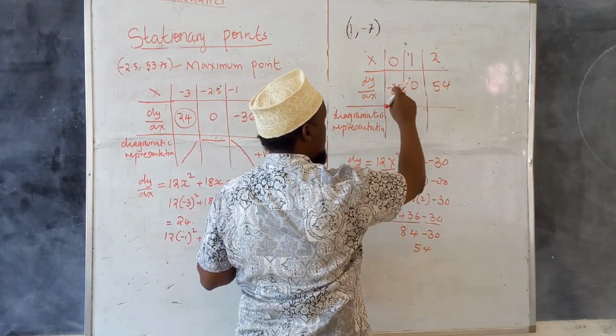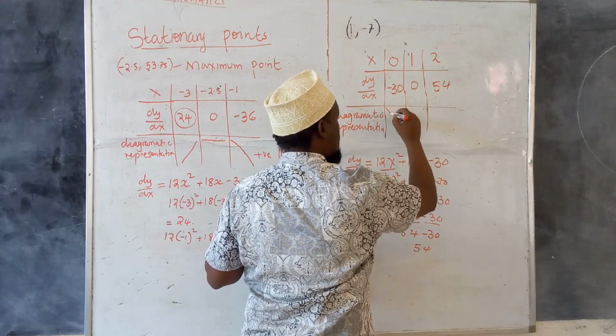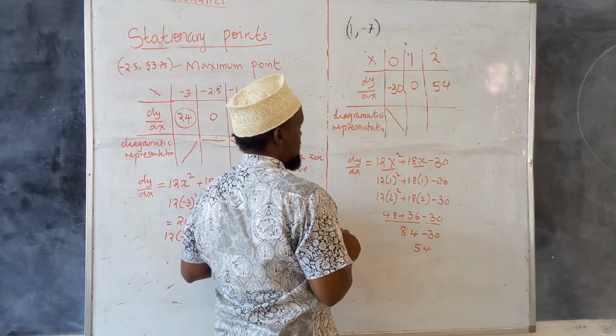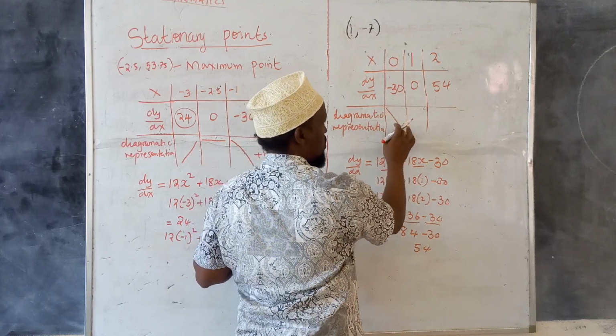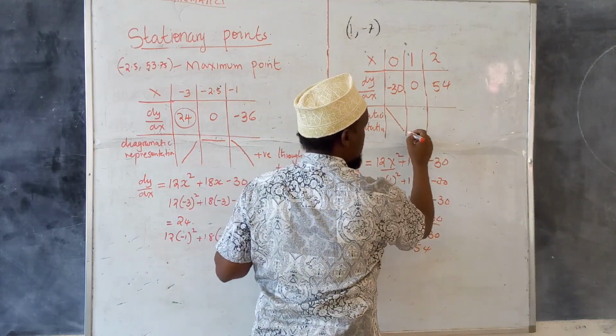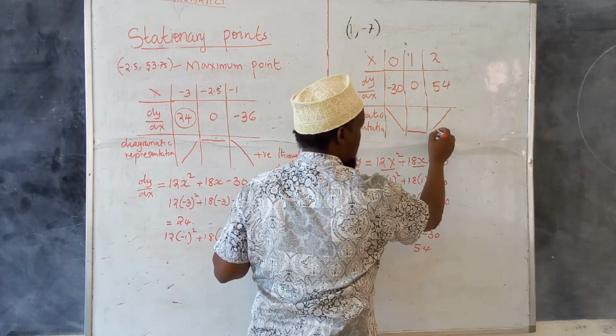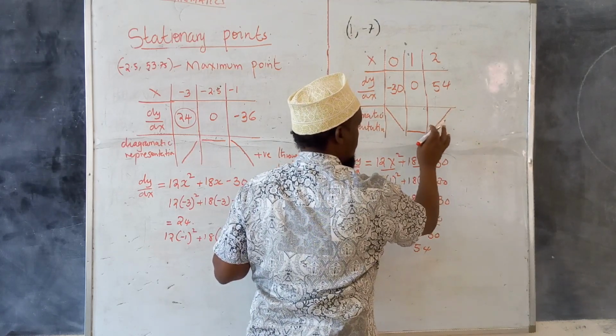If the gradient is negative, then the line should be like that. That is how the diagrammatic representation looks when the gradient is negative. If it is 0, we say it is horizontal, and positive, that is how it will be.